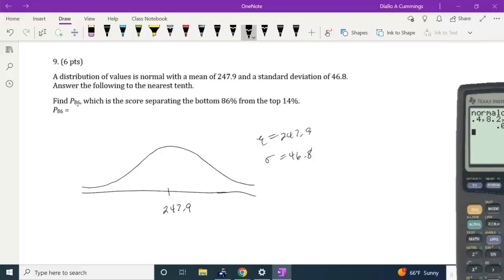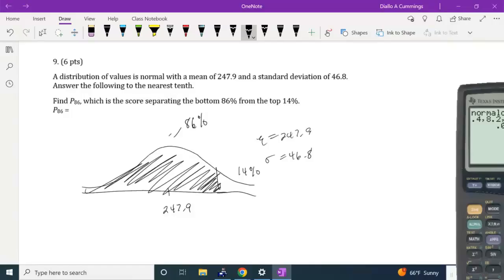So like if all of this area all together is 100%, and again, I'm kind of guesstimating this, the shaded area would cover 86% of the curve, and the unshaded portion would cover the other 14%.